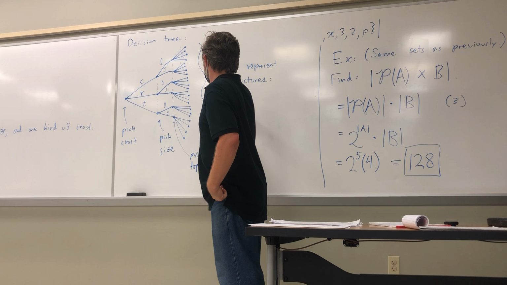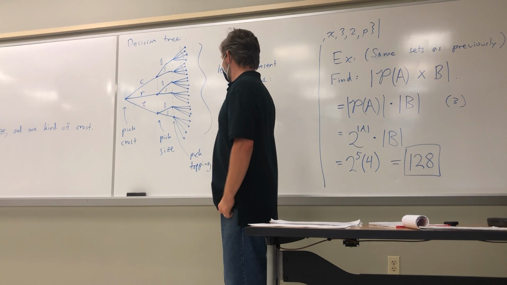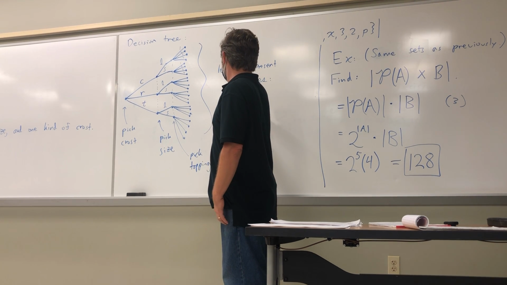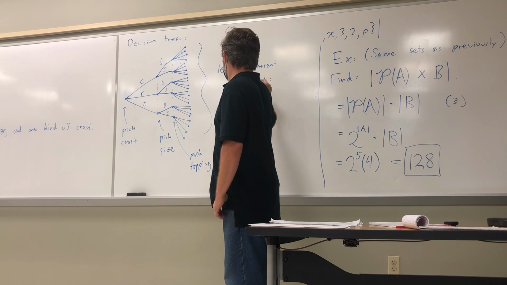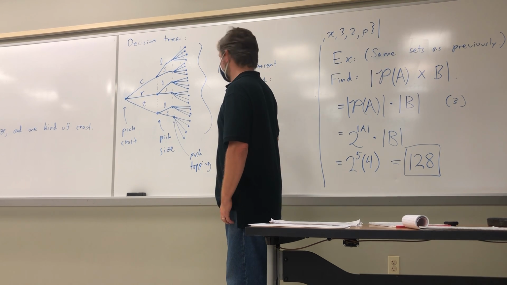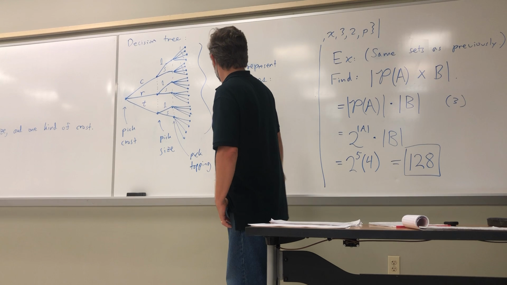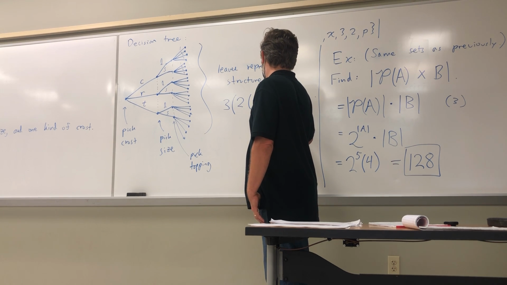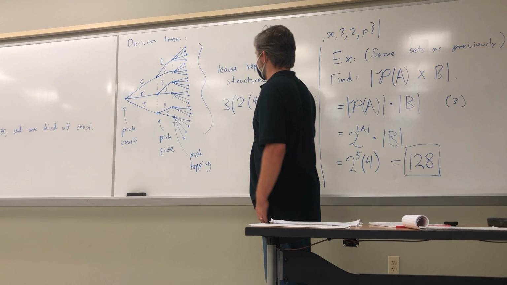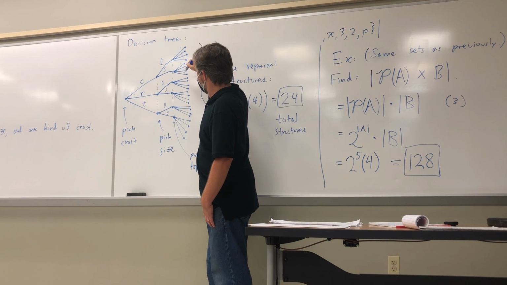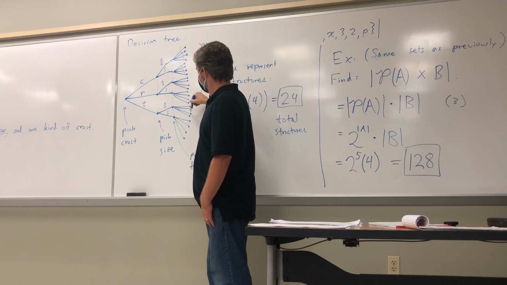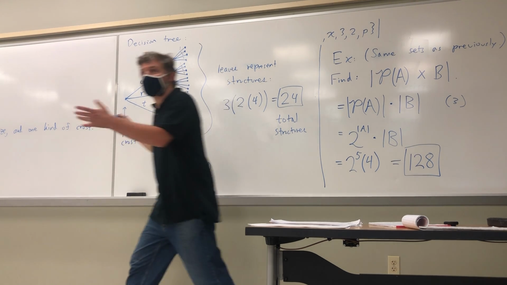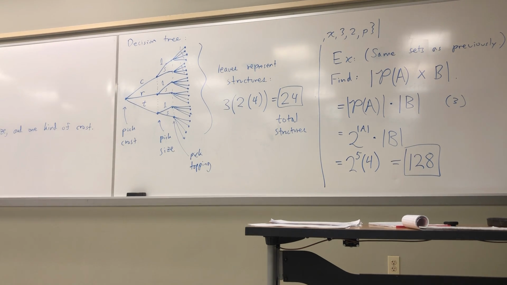So you can say there's 3 main branches, and they each turn into 2 choices, which each have 4 branches coming out. And so that equals 24 total structures. Or you could just count them. 1, 2, 3, 4, 5, 6, 7, 8, 9, 10, 11, 12, 13, 14, 15, 16, 17, 18, 19, 20, 21, 22, 23, 24. If you draw it carefully.